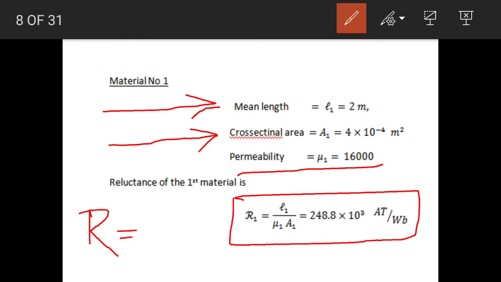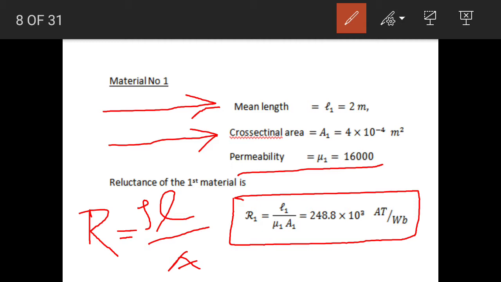So the resistance of a conductor is equal to rho L divided by A, where rho is the resistivity of the conductor, L represents the length of the conductor, and A represents the cross-sectional area of the conductor.